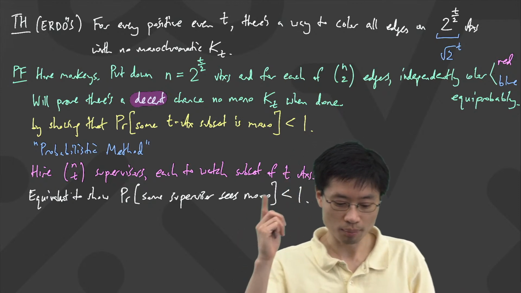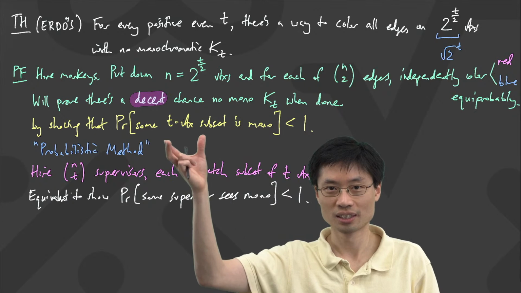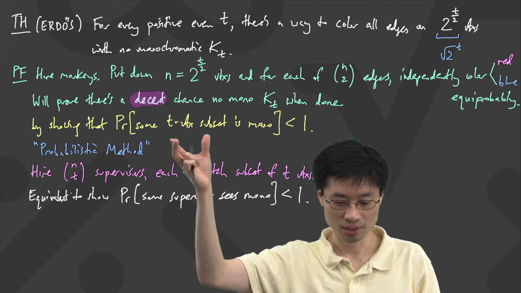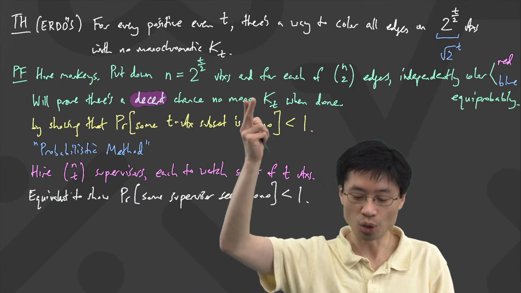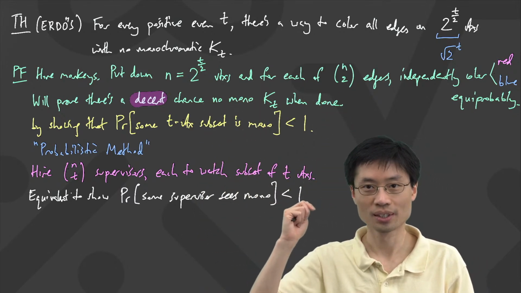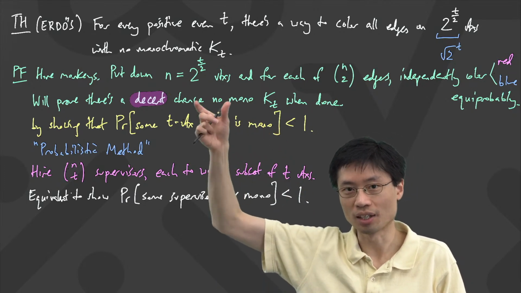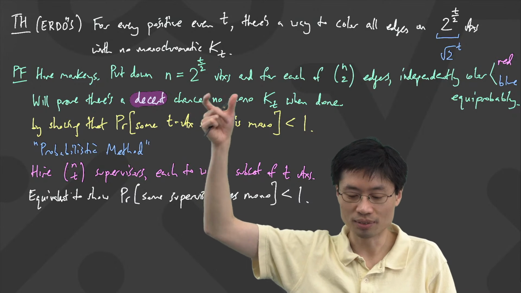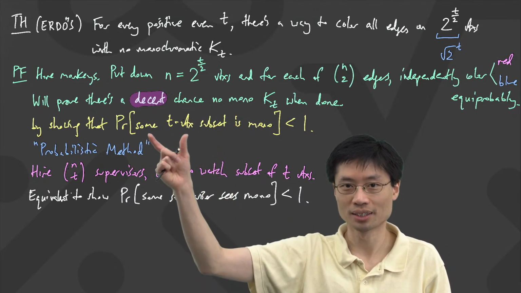Thank you. So the important thing is this is the complement of what I want. I want to show there's a decent chance that there's no monochromatic. So if I flip the truth of that logically, the opposite of no monochromatic is some monochromatic.